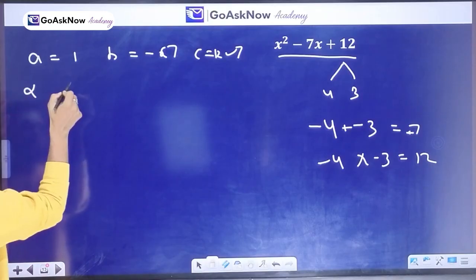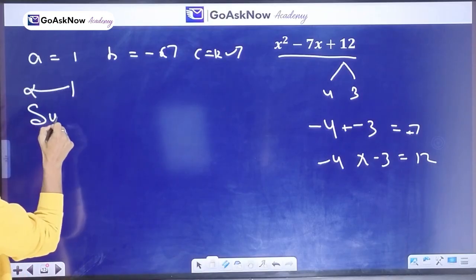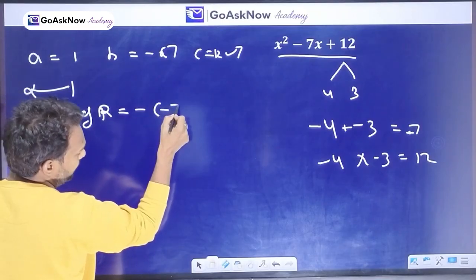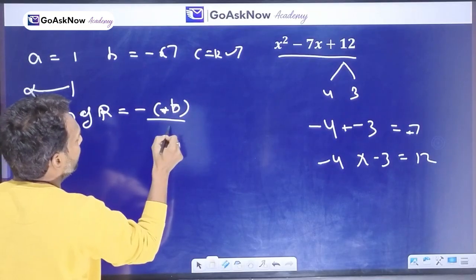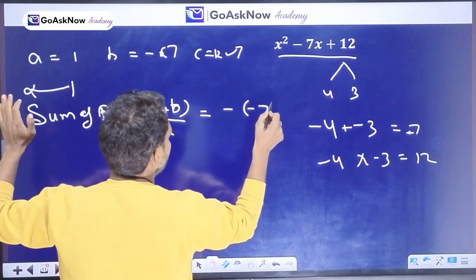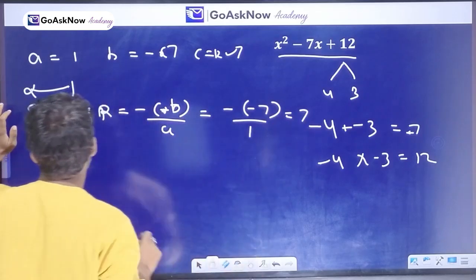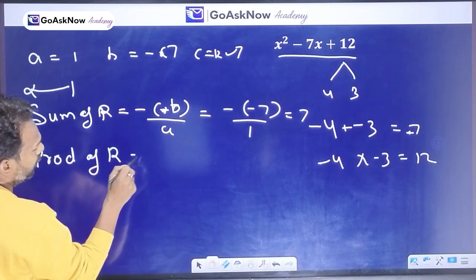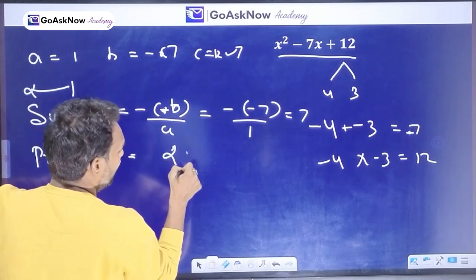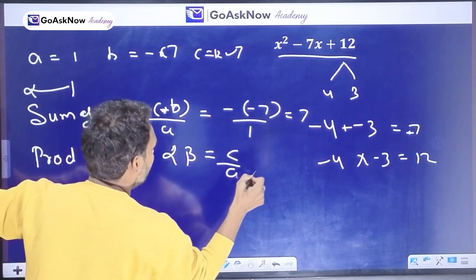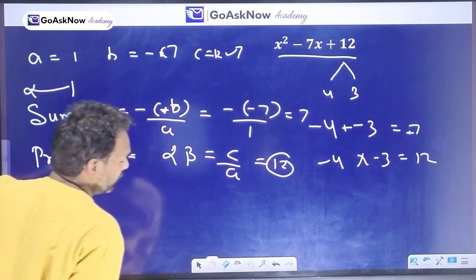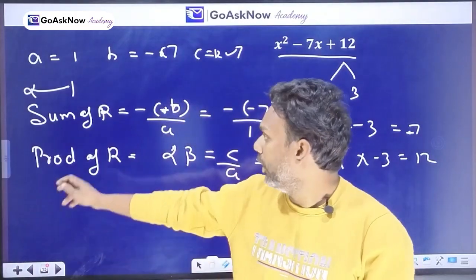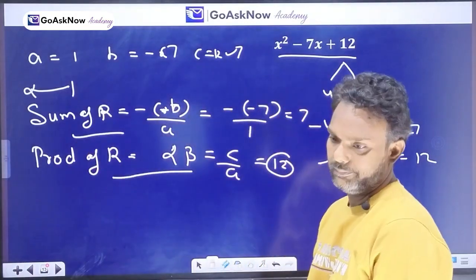First of all, what is sum of roots? Sum of roots is minus b upon a, that's minus of minus 7 upon 1, that's 7. What is product of roots? Product of roots is alpha into beta, that is c upon a, and that's 12. So without finding out the roots of the equation, we have found out the sum of roots and the product of roots.